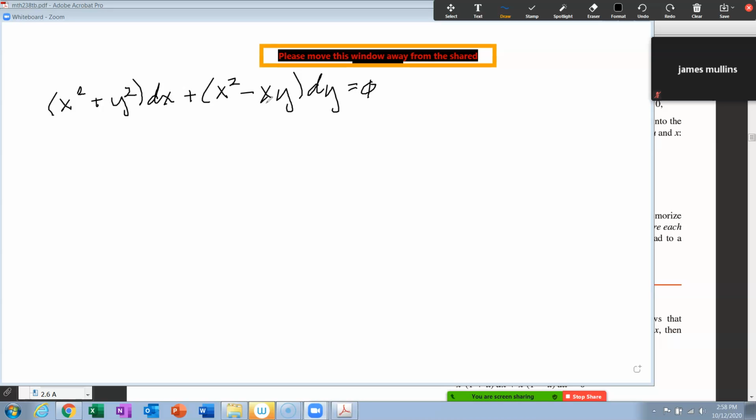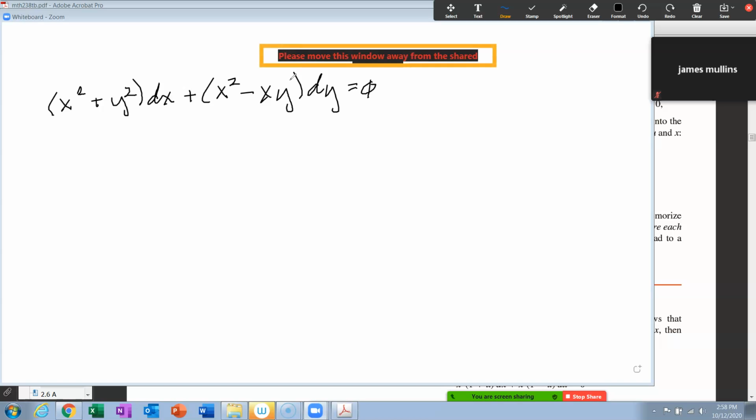But here's the homogeneous part. Look at the degree of each term of both of your functions here. This is degree 2, that's degree 2, that's degree 2, and this is 1 plus 1 is 2. All those terms are the same degree, therefore this is a homogeneous differential equation.